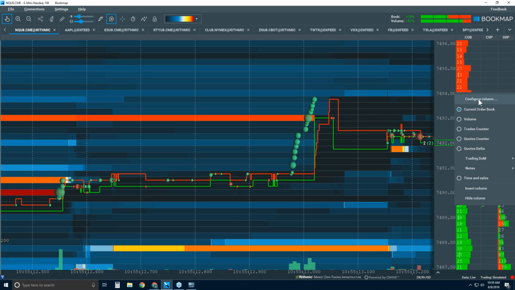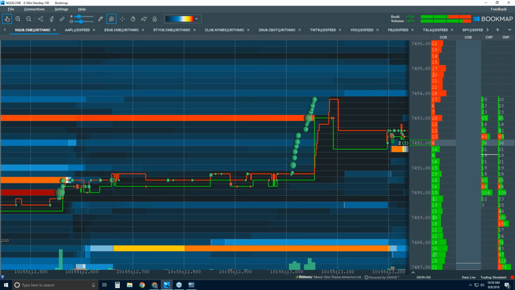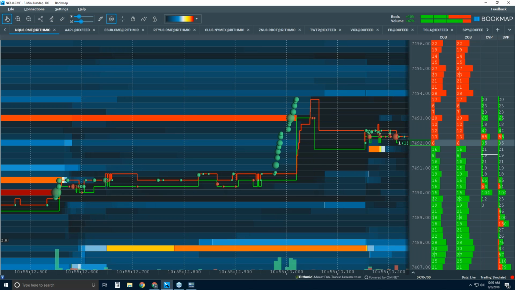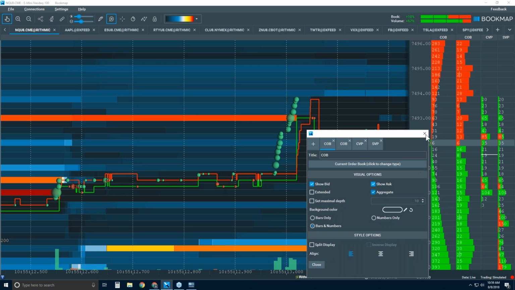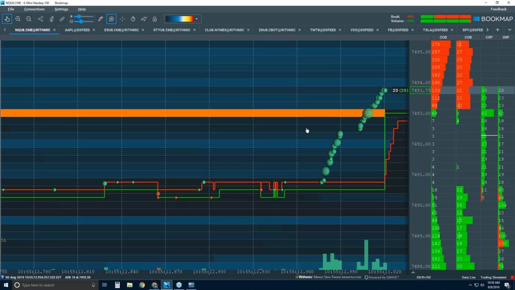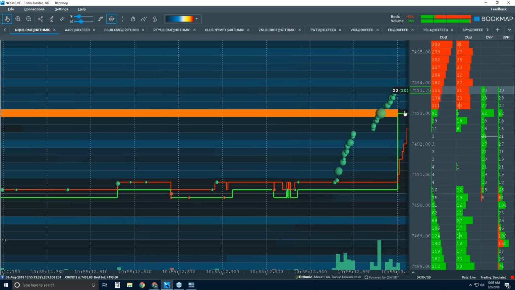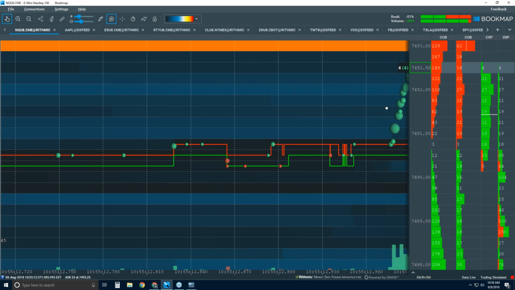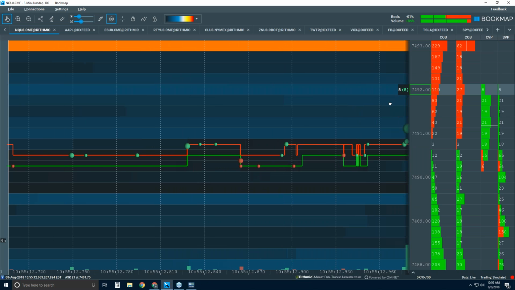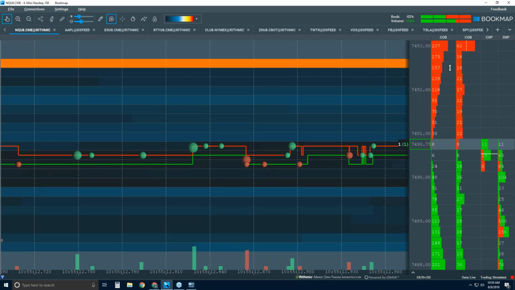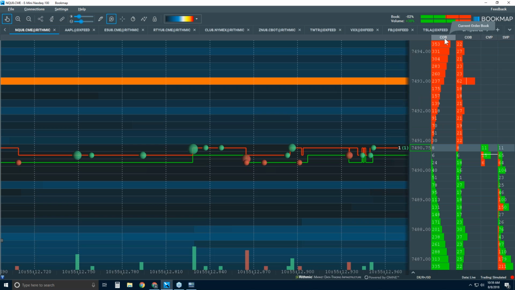In fact, we have an aggregate view here. We can take a quick look. Turn this into an aggregate column, and let's see if it was like a 100 lot or something. Yeah, probably something like 150, maybe 200. Right beforehand, look at the aggregate order book here. It's just taking one price level, adding to the next and the next and the next.